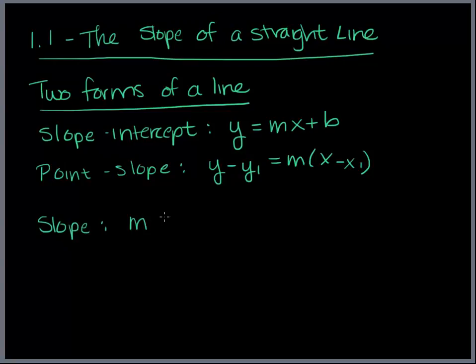That m is your slope, and a couple ways we can think of slope. Well, if we wanted to, we could do y2 minus y1 over x2 minus x1. Don't worry about the subscripts 2 and 1. That's just saying, you take the change in y, just subtract your y coordinates, over the change in x. And you can look at their examples of how to find slope in the book. But let's look at a couple examples of how to use this form and how to use this form here.